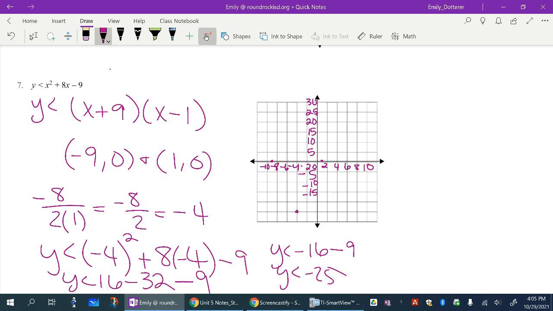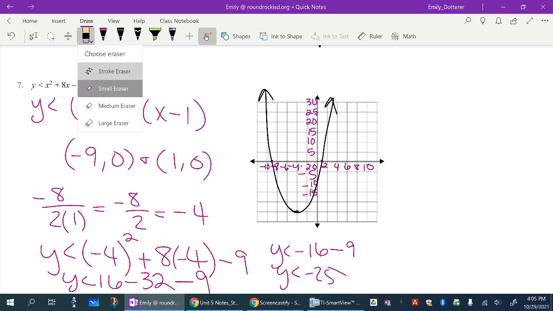Okay. We're going to have a dashed line. So again, I'm going to put the breaks in it in a second if this thing will work for me.